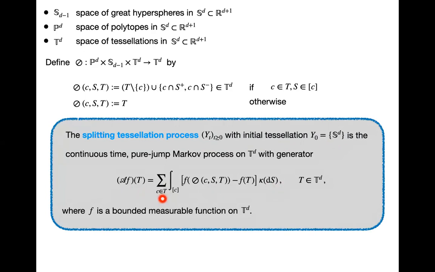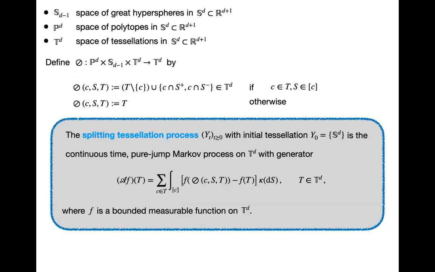So you sum over all cells of this tessellation, you average over all the great hyperspheres that intersect this cell, then you update this tessellation according to this splitting operator, and you look at the effect that the splitting of the cell C in the tessellation T by a great hypersphere S has.